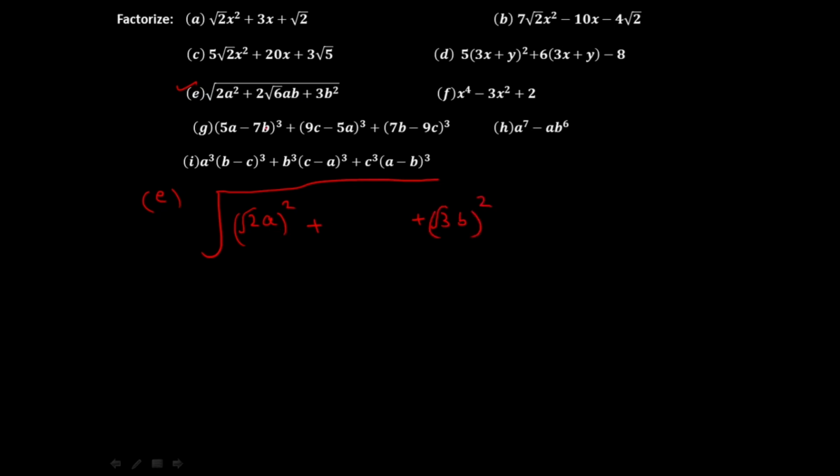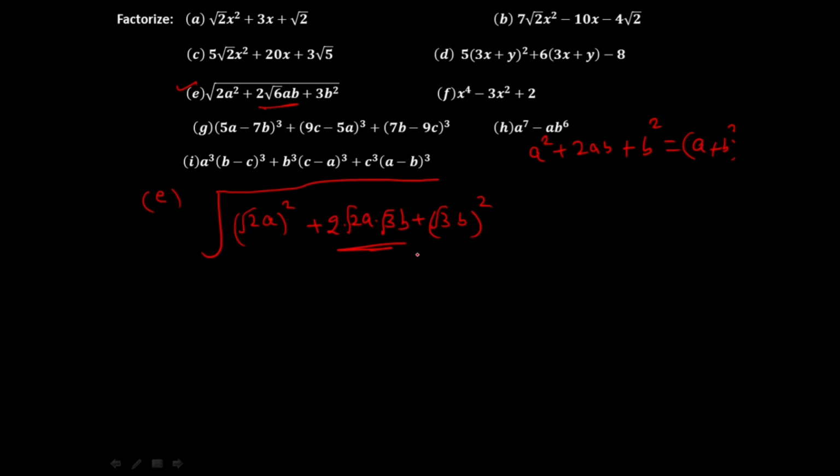Now tell me, don't see here, tell me, there is one identity, and the identity was this one: a square plus 2 times ab plus b square, that is equal to a plus b whole square. A square plus b square plus 2 times a times b. Tell me, is this value this value? Yes, correct.